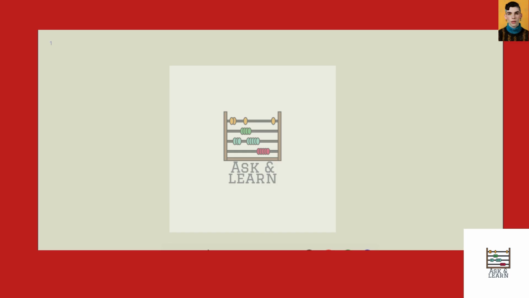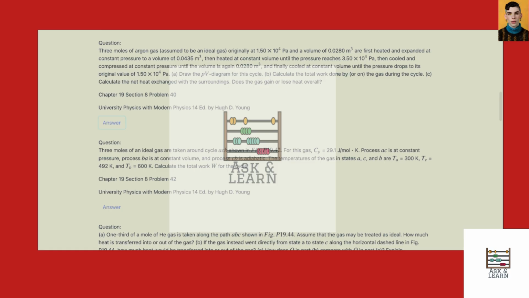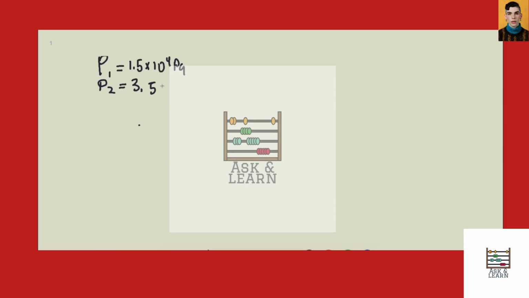All right. So let's just write everything down first. I'm just going to call these pressures P1 and P2. So let's call P1 1.5 times 10 to the 4 pascals. P2 is equal to 3.5 times 10 to the 4 pascals.